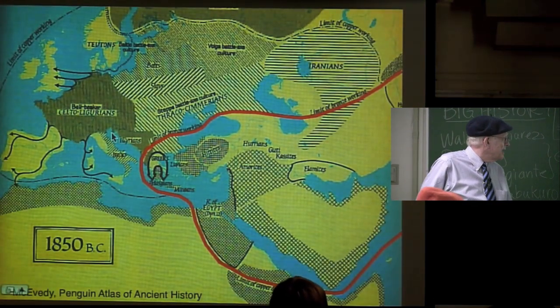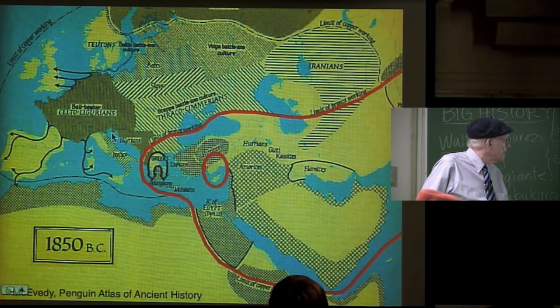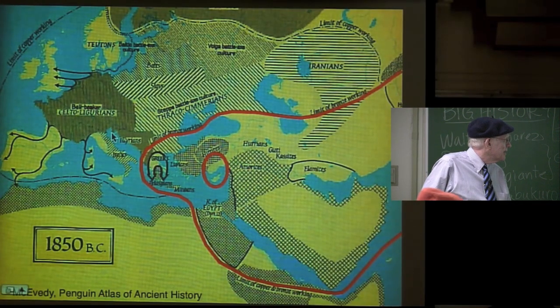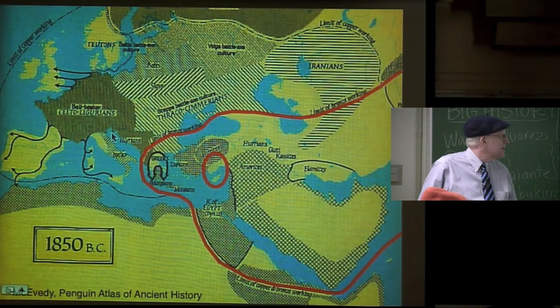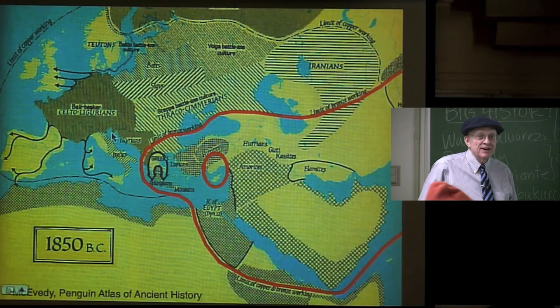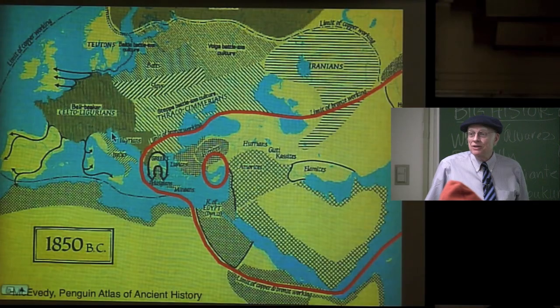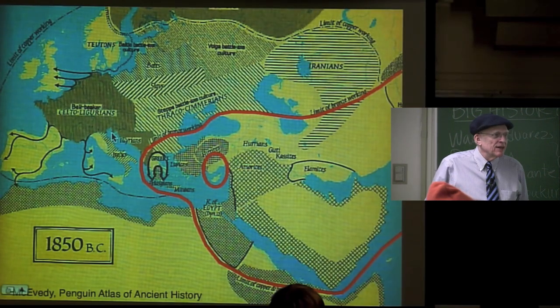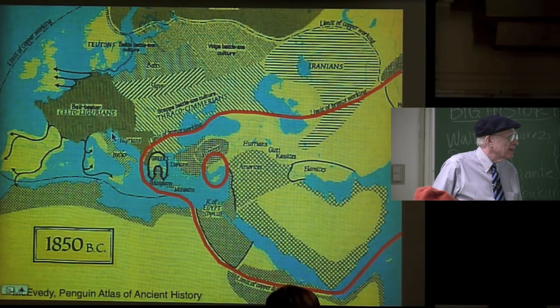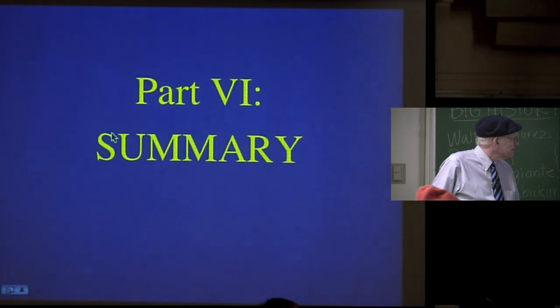So here again is our map, and there are the sources of copper in Cyprus and of tin in Turkey, and right at the focus of that area in which bronze working was going on.